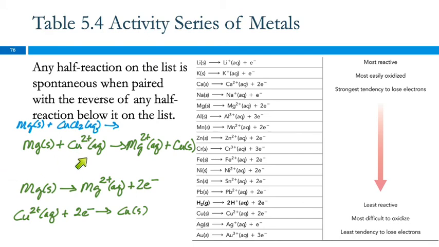So then at the party, what happens? Well, this is an activity series. You could also think of this as maybe a list that some of the high school girls are keeping of who's the hottest guy in their class, right? You could imagine that happening. Well, lithium is the hottest, right?